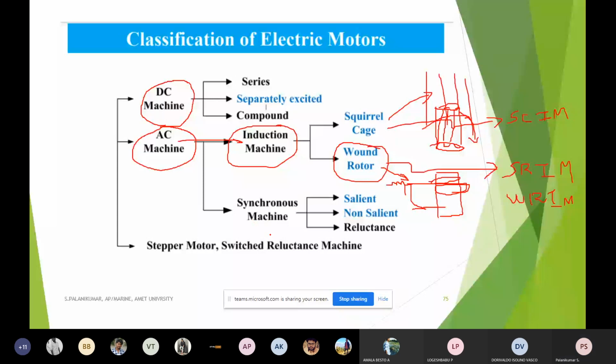Not only is the frequency directly proportional to the Ns, the voltage I apply to the stator is directly proportional to the Ns square, the synchronous speed square. So if I vary the supply voltage of the stator, it varies in proportion to the square of the synchronous speed.